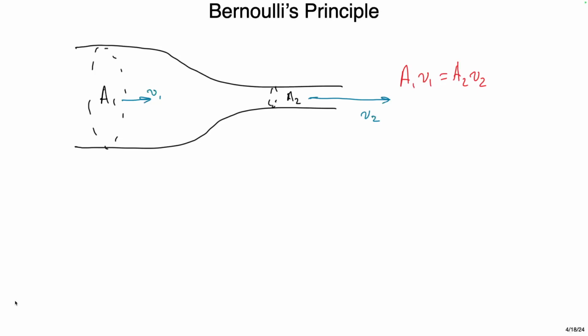You put your thumb over the end of the hose. What did you just do by putting your thumb over the end of the hose? You made the area smaller, but the same amount of water has to come out. And so by making the area smaller, you make A2 smaller, V2 gets bigger, right? The water squirts further because it has more initial velocity as it comes out the end of the hose.